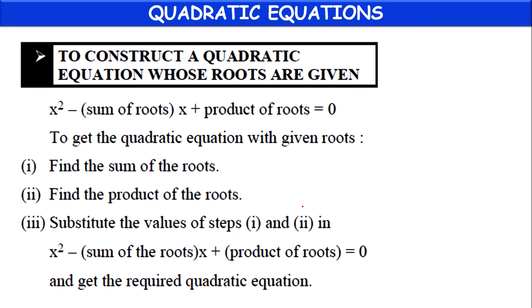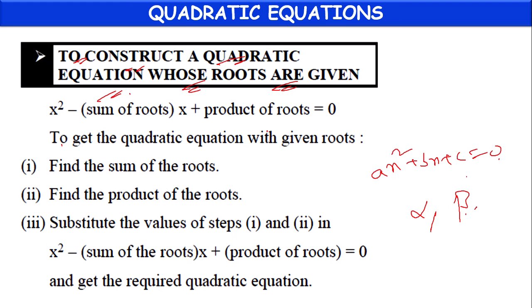Next one. Another concept for today is to construct a quadratic equation whose roots are given. For a quadratic equation ax square plus bx plus c equal to 0, suppose alpha and beta are the roots.